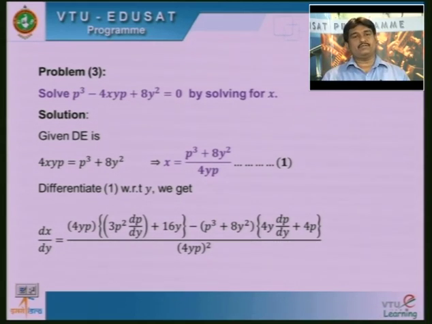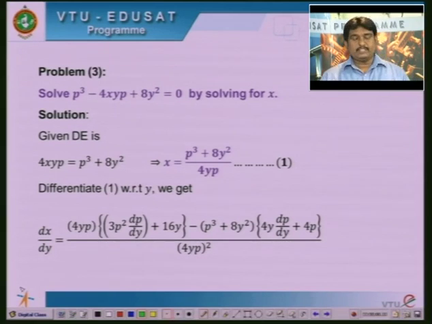Solve that equation and get a relation in terms of p, then eliminate p from that equation and the given differential equation. In this case, you can write the given differential equation as x equals (4p cube plus 8y square) divided by 4yp. That is, x equals (p cube plus 2y square) divided by yp.